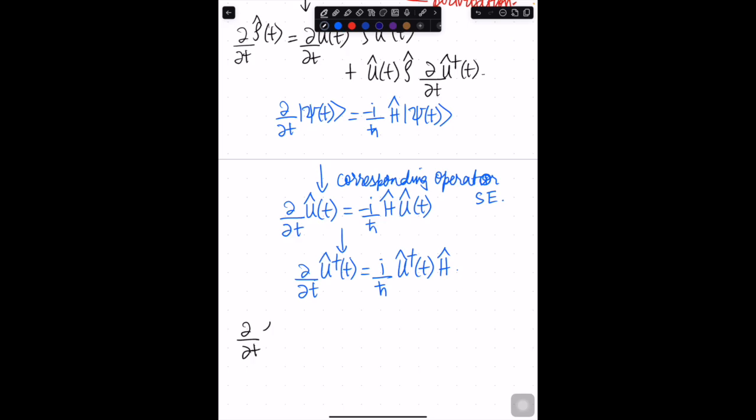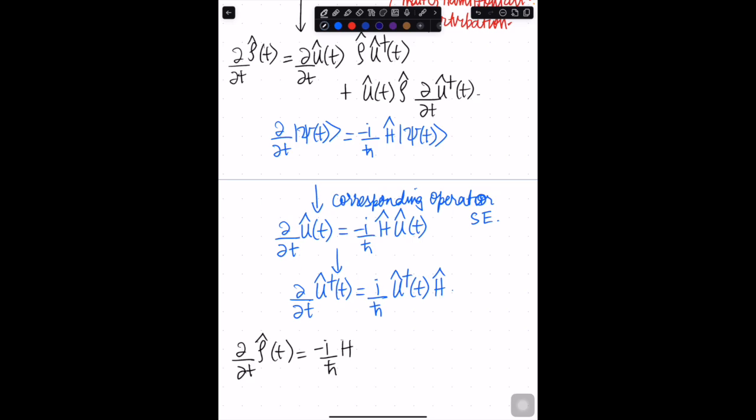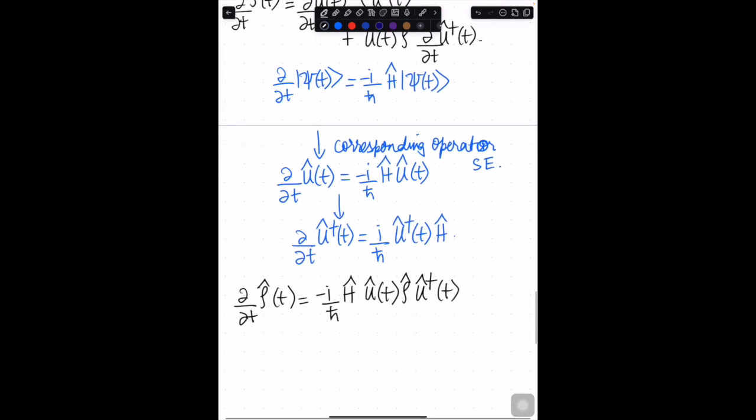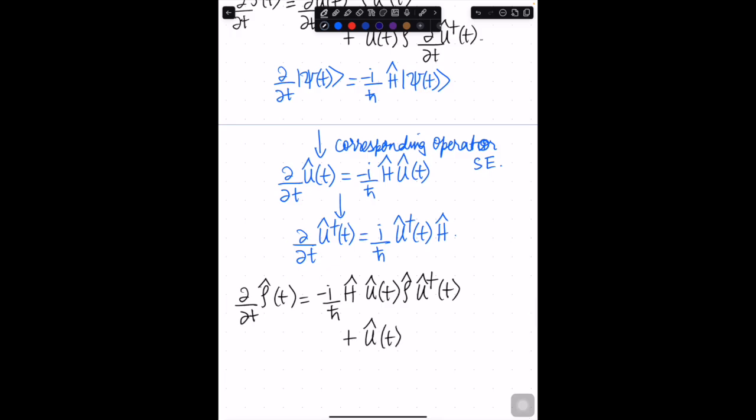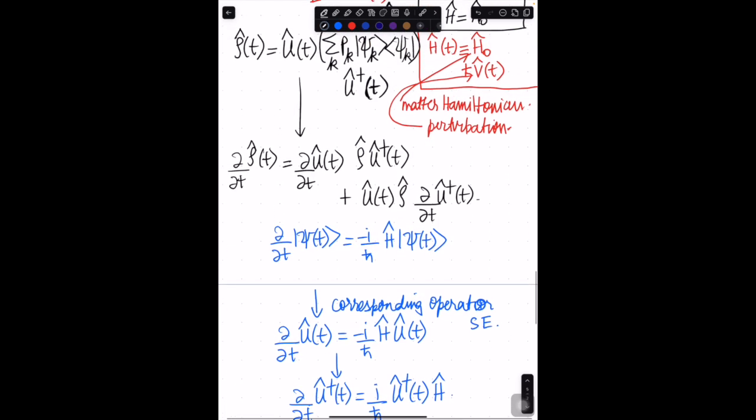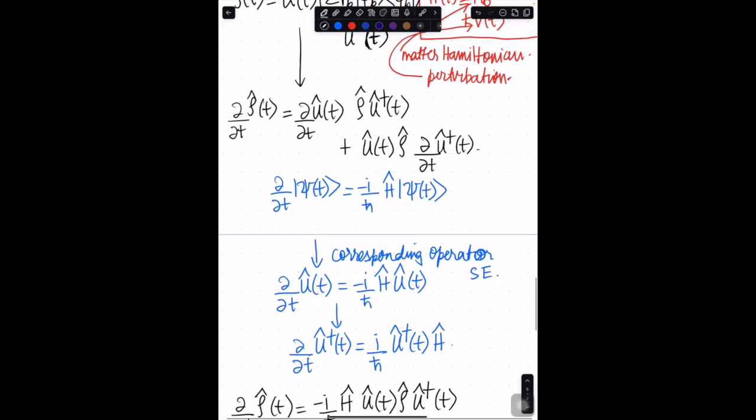So dou over dou t of rho hat of t is equal to minus i over h bar, the Hamiltonian times U hat of t rho U hat dagger of t, plus i upon h bar times U hat of t rho U hat dagger of t times H. Here it would have been better for me to write H as H of t, to carefully symbolize the dependence of the Hamiltonian on time.